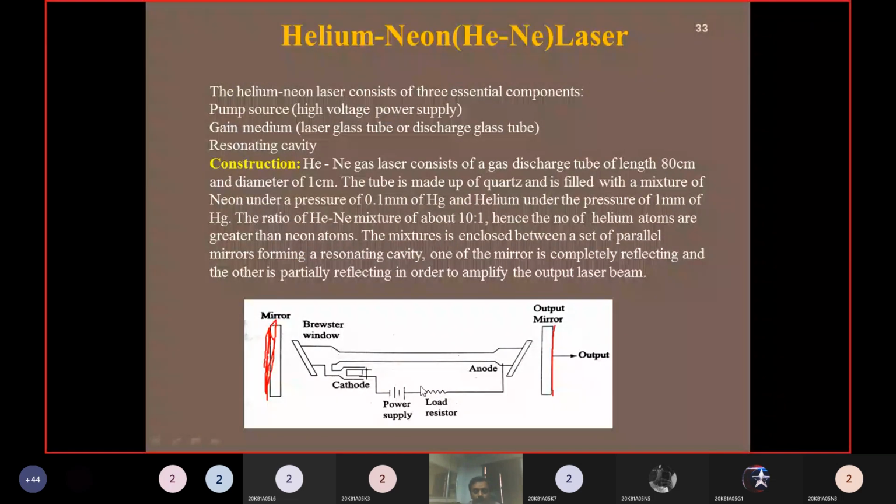If you give power supply, what happens? An electric discharge takes place, producing a high electric field. Because of that high electric field, inside this tube electrons flow from one direction to another with a very high velocity.